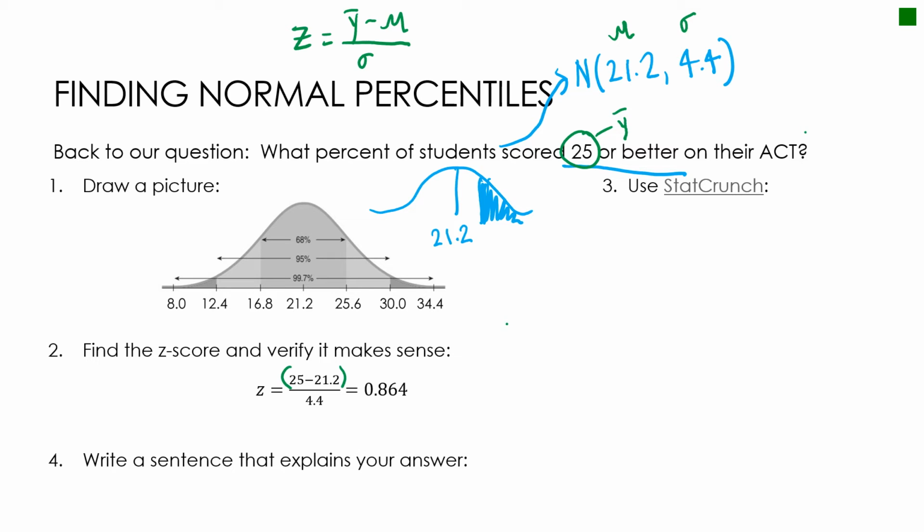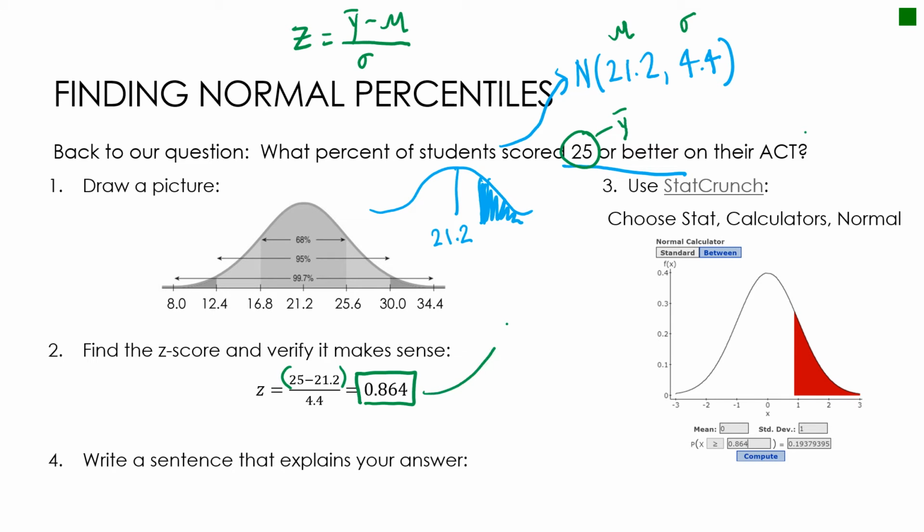And then I'm going to take this value, which is a z-score, and I'm going to come over here to StatCrunch. I've got stat calculators normal, which is what we've been doing, and I want to point out to you that my mean and standard deviation are 0 and 1. So I am not plugging these values in.